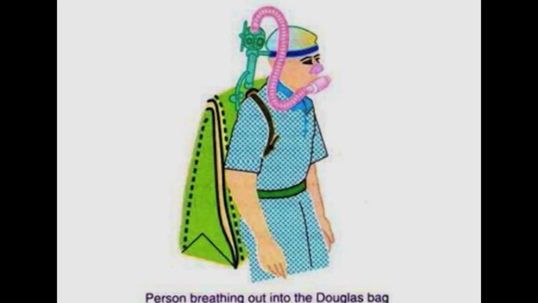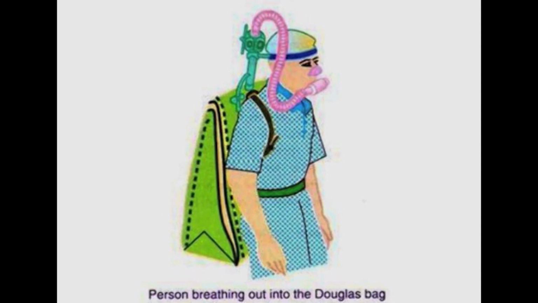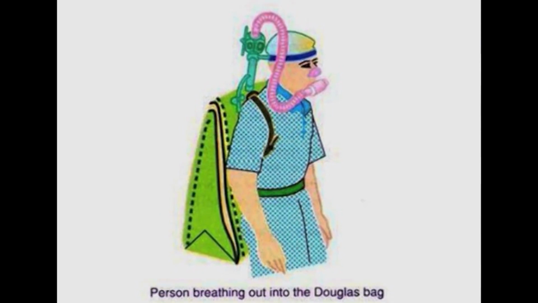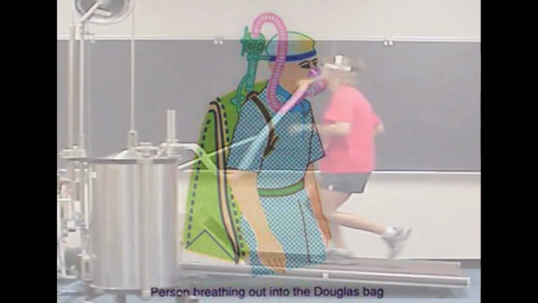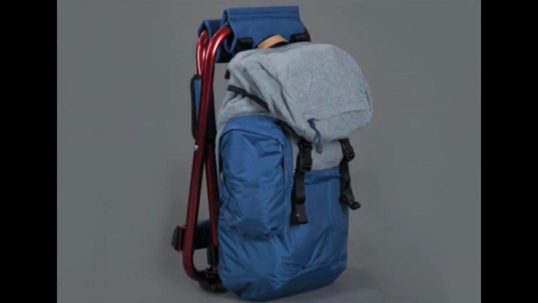Although the Douglas bag has been used for many short measurements of energy expenditure at rest and during exercise, it is not ideal for use during heavy exercise, as the bag may fill in a few minutes and may physically interfere with the exercise. So, the Douglas bag is used for determining energy expenditure during work.